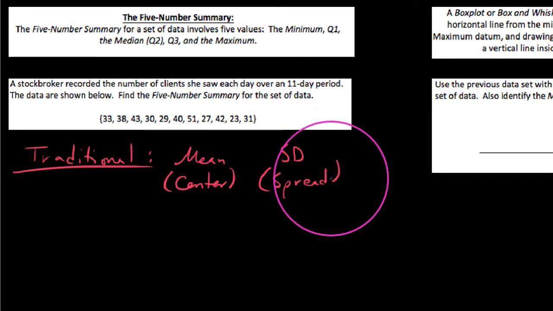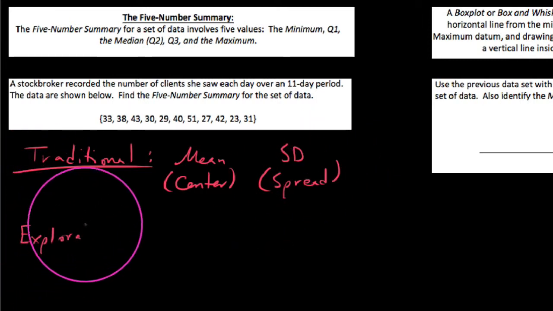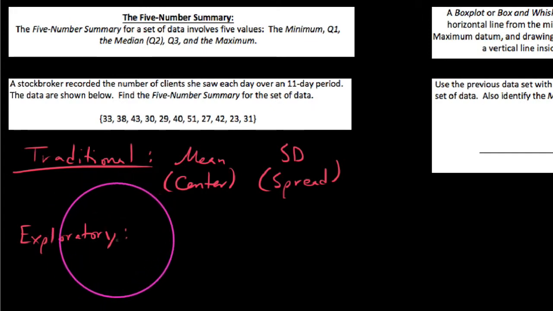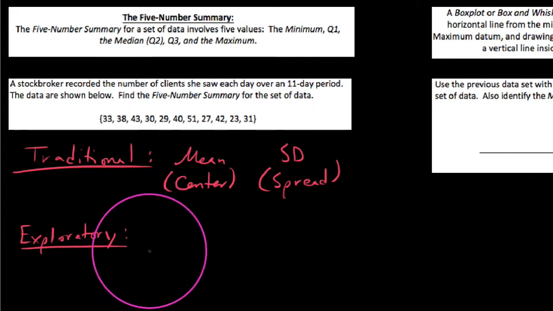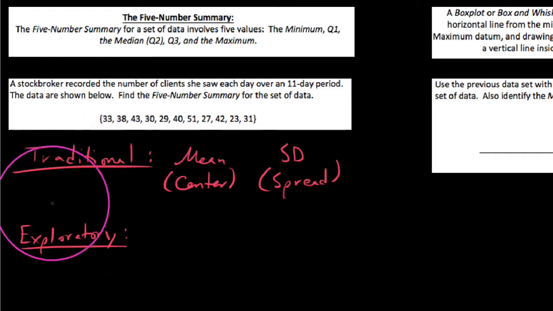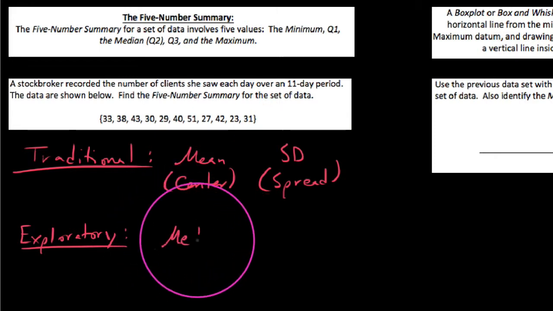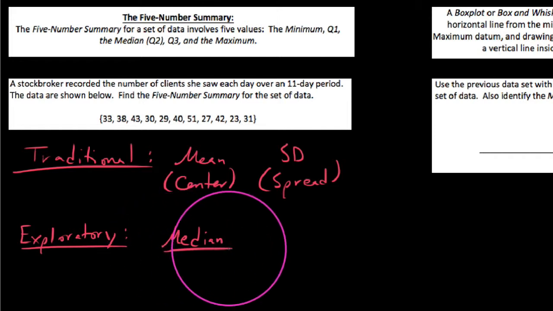Well, in this video, we're going to be discussing what we call exploratory data analysis. In exploratory data analysis, it's a little bit different. All we really are concerned with is where is the middle of our data set and how is it spread, of course, a lot like traditional data analysis. But instead of looking at the mean and the standard deviation, we often look at these two measures. We look at the median, which represents the datum that is in the middle.